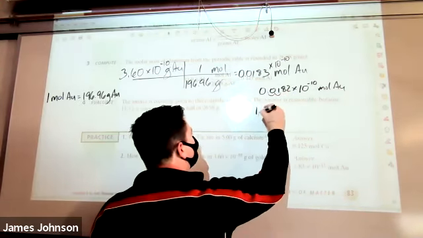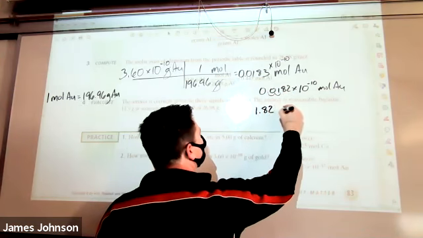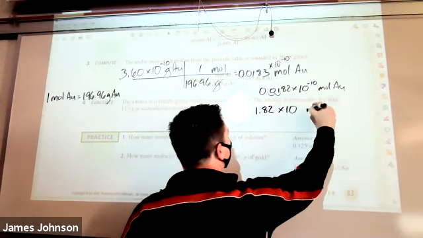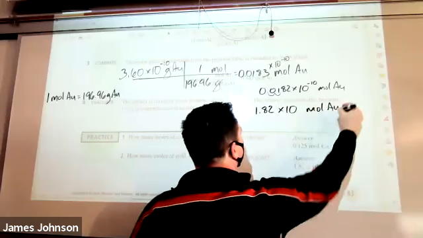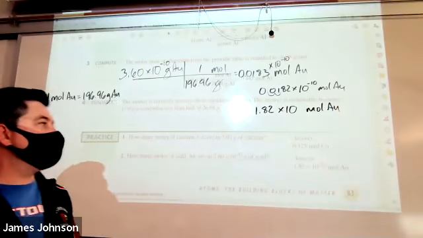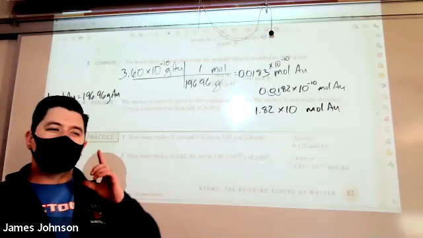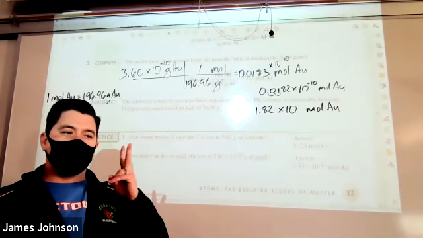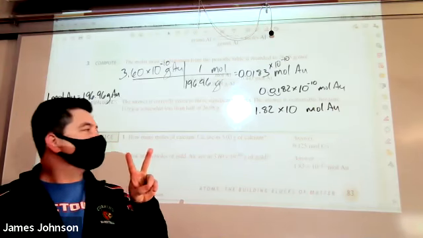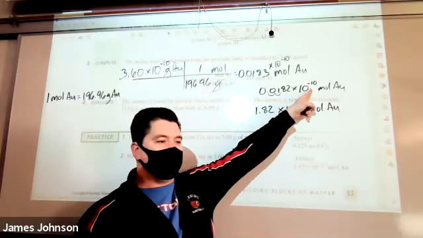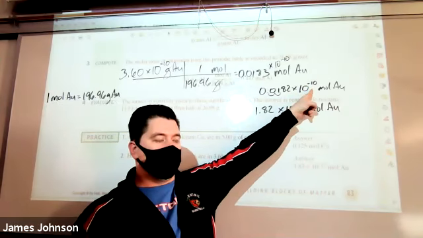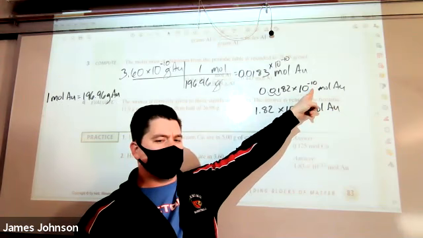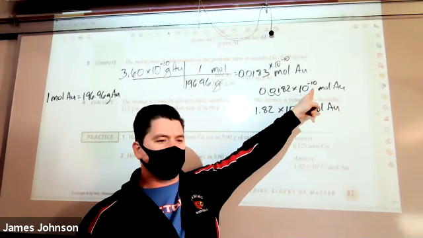So I'm going to end up with 1.82 times 10. Wait, I moved it 2 decimal places. So does that mean that it's now to the negative 8, or does that mean that it's to the negative 12th?